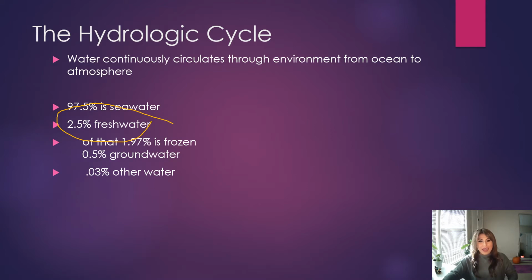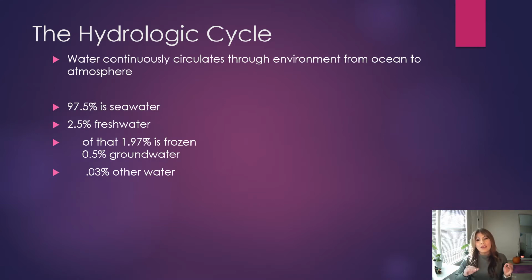And of that, about 1.9%, 97% is frozen. So we only really have about 0.8% around there. No, yeah, a little less than that. Just around there, right? And these are really rough numbers. And some places will tell you it's exactly 98% seawater, 97%.